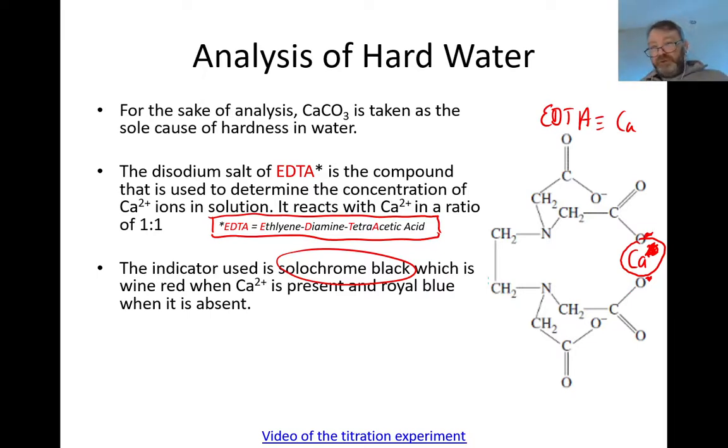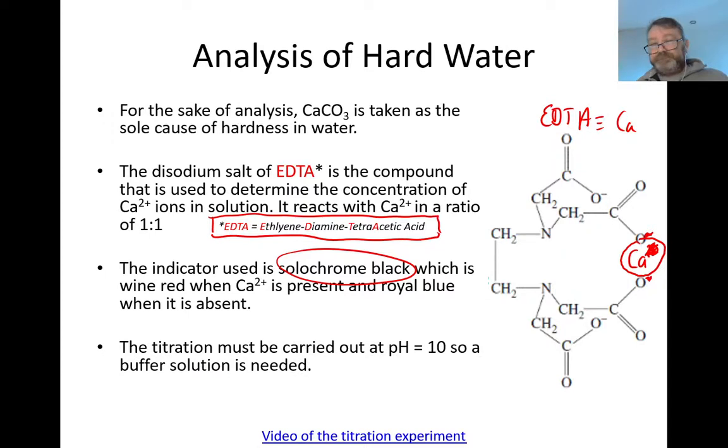So if we want this titration to work properly and we want to get the two colour changes that we need before and after the endpoint, we have to make sure that the titration is carried out at a pH of 10. And in order to do that, biologists, you'll understand this, we've got to use what's called a buffer solution. A buffer solution is a solution of a set pH which is used in the conical flask to make sure that the environment of the titration allows the indicator to change colours perfectly. If we don't put this in, we don't get the colour change. It's as simple as that.